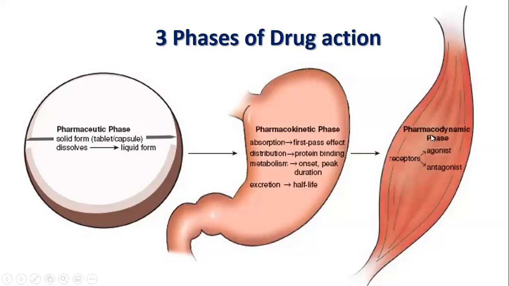Pharmacodynamics phase, particularly, is the interaction with receptors, maybe an agonist, meaning stimulation of the function, maybe an antagonist, opposite the function, inhibit.